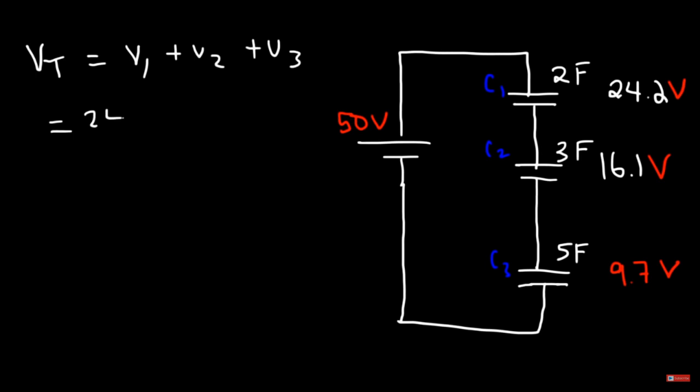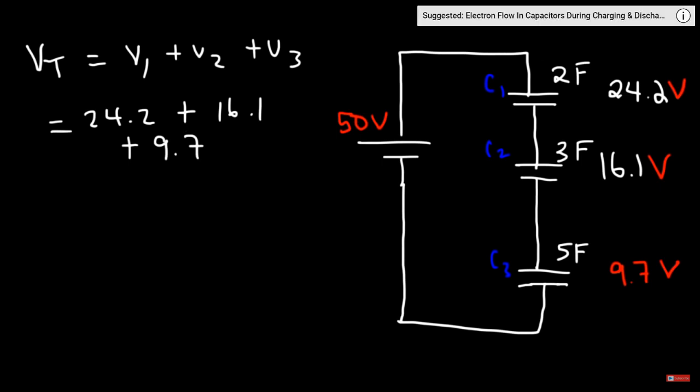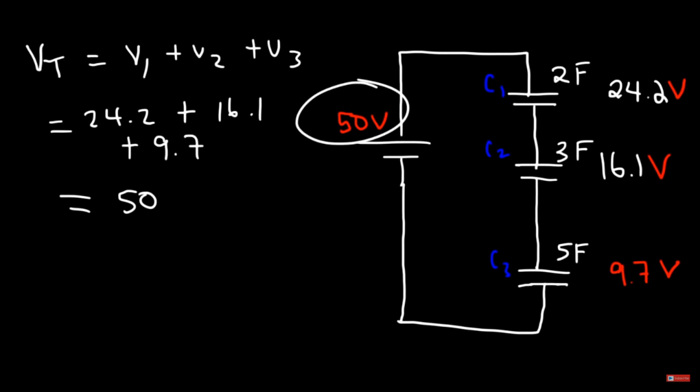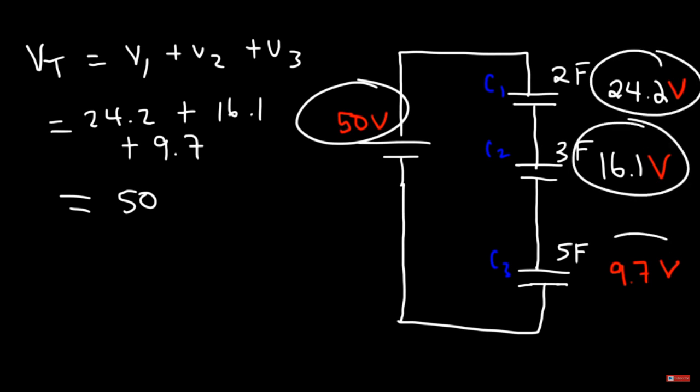V1 is 24.2, V2 is 16.1, V3 is 9.7. So if you add these values, you should get 50 volts, which is equal to the voltage of the battery. That's how you know if your answer is correct. It has to agree with one another. The sum of these three values has to equal the battery's voltage.